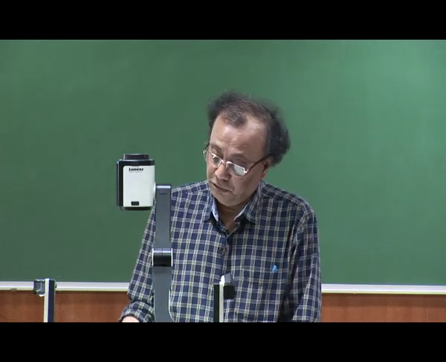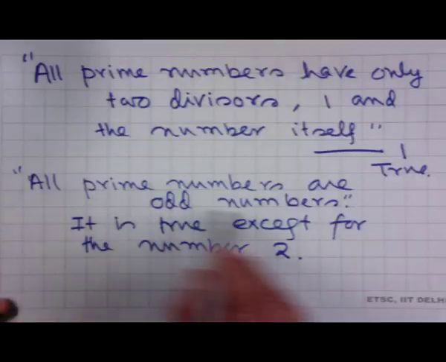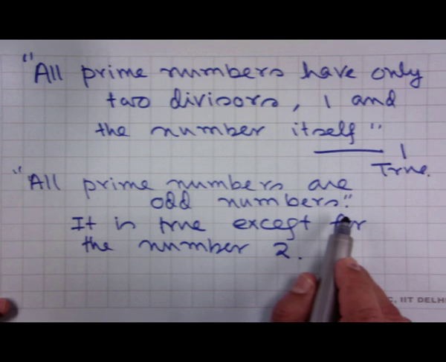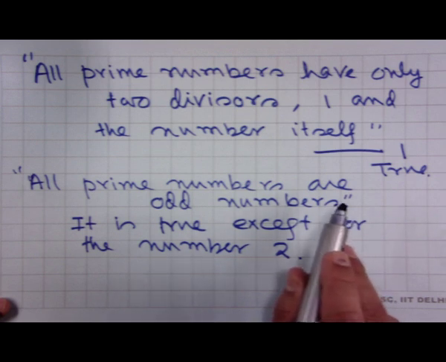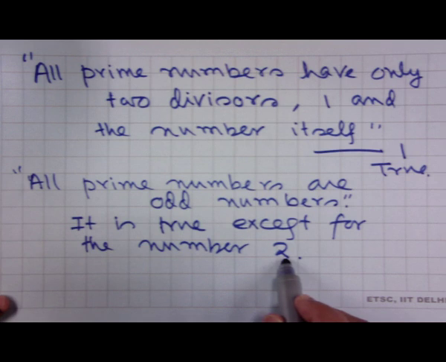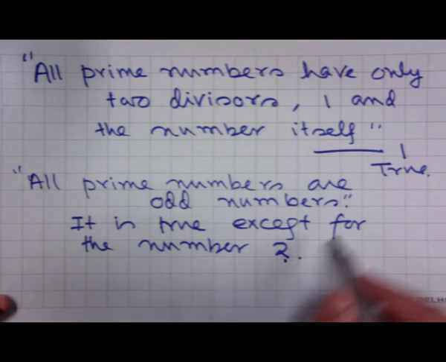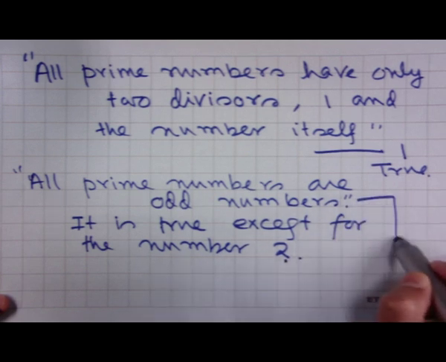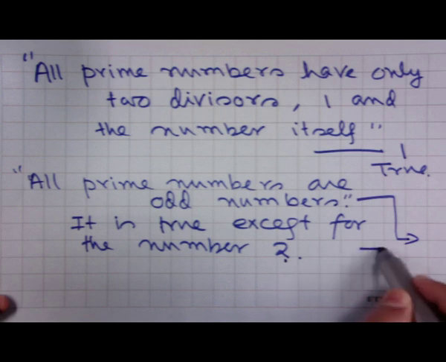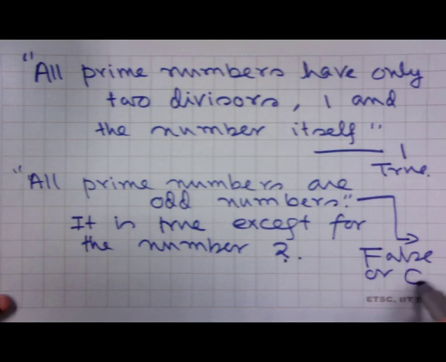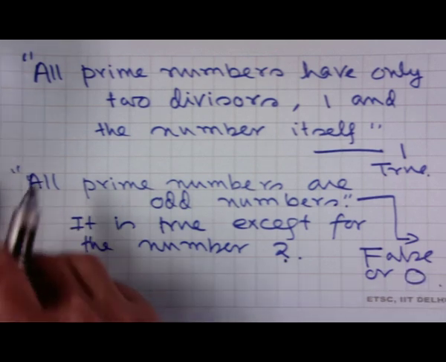Therefore, the sentence all prime numbers are odd numbers is not correct, because there is a number which is prime, but that is not odd. Therefore, this statement has truth value false or 0. Okay?